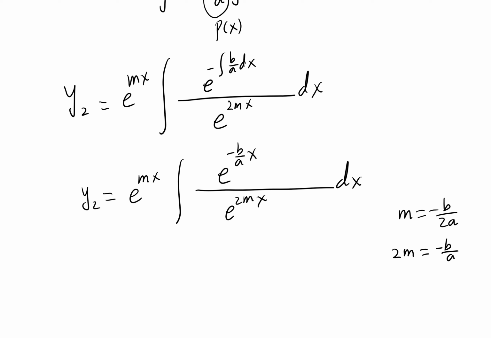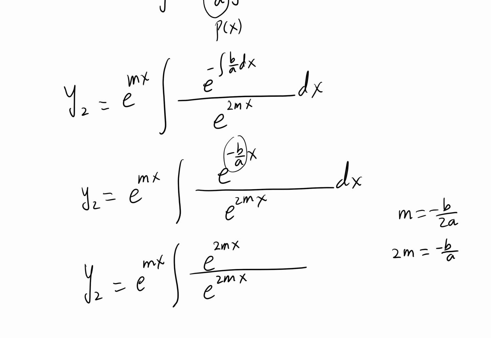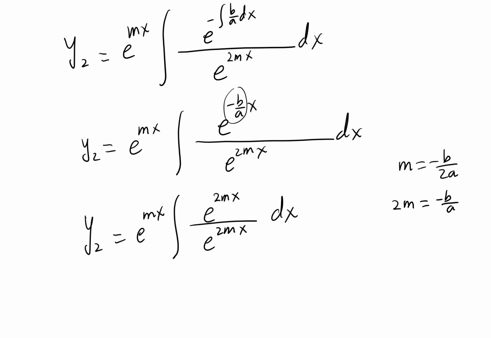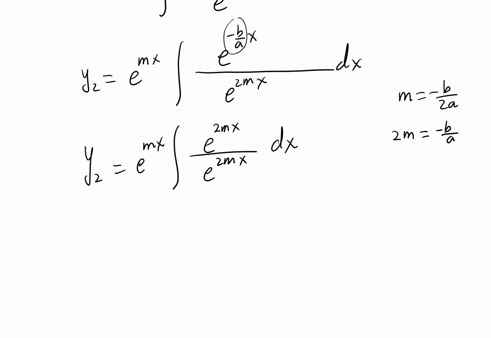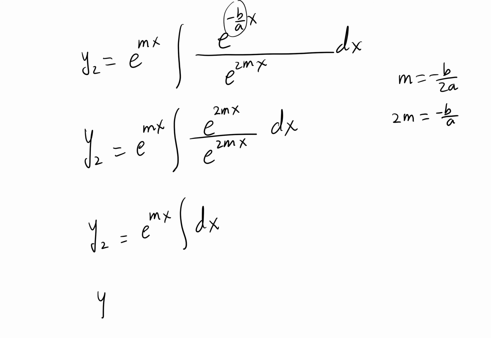That tells me this quantity here is simply 2m. So y2 is e to the mx times the integral of e to the 2mx over e to the 2mx, dx. Watch how they simplify out. So I'm just integrating dx, and that would give us x e to the mx. That would be our second solution.